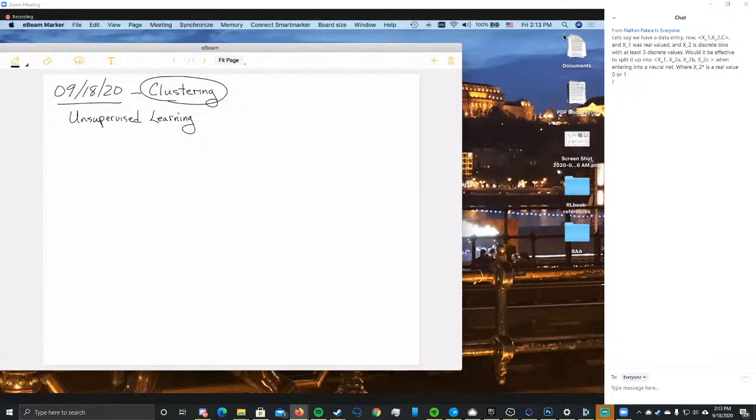Within the discussion today, my goal is to get through three algorithms. The k-means algorithm, the class of algorithms that we call k-medoids.